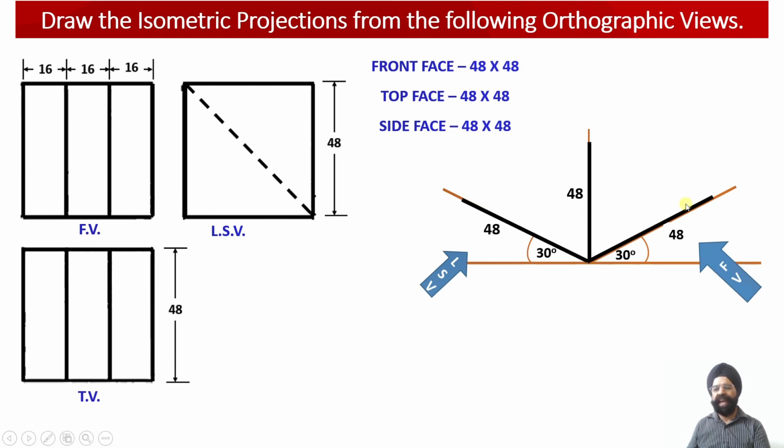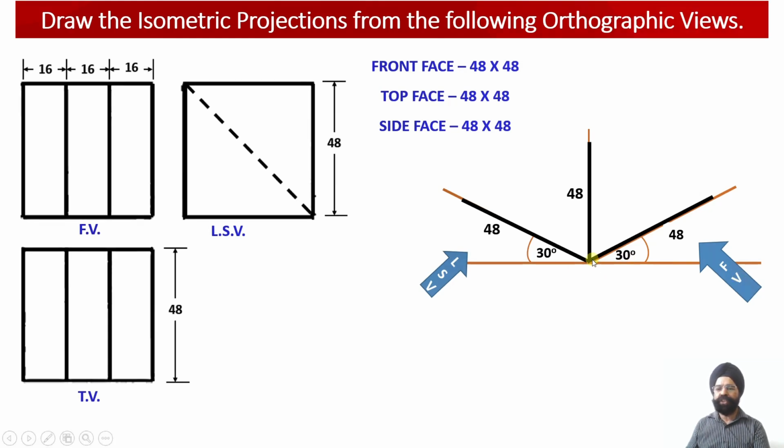So within the XZ plane, we are going to get the construction of the top face or the bottom face of this solid. So on either side it will be 48 millimeter. All the dimensions, that is the length and the width, will be 48 millimeter over here.